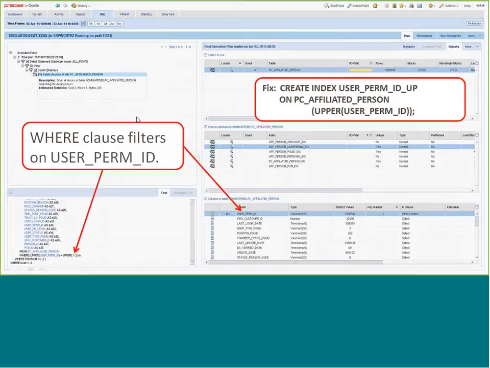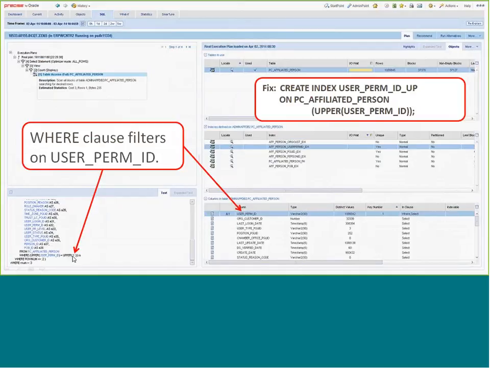Now, getting into this expert view, and I'm going very quickly, I looked at the table: 100,000 rows, 37,000 blocks. We're doing a full table scan, yet we have 6 indexes on this thing. What's going on here? Well, when I look at the where clause, it's converting a column to uppercase, and saying where it's equal to the uppercase bind variable.